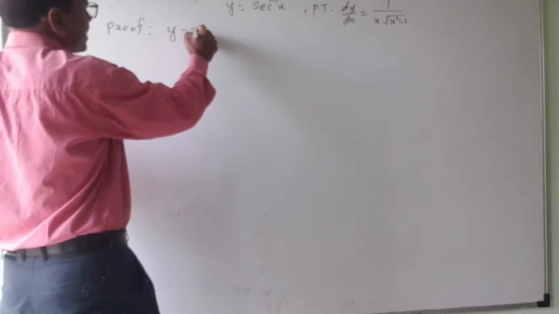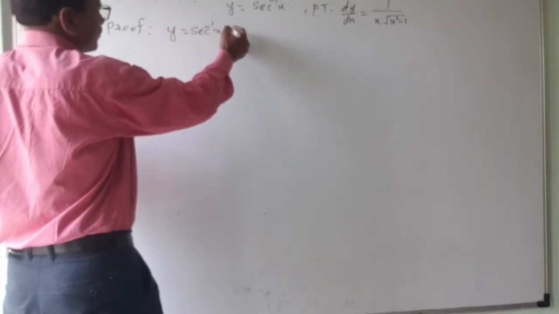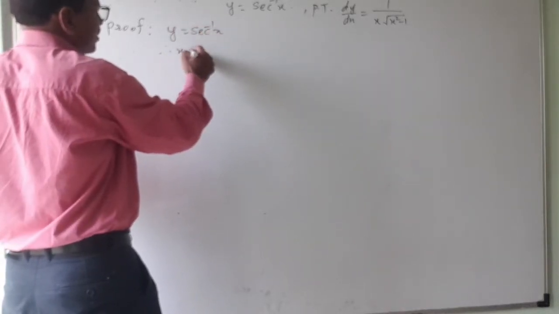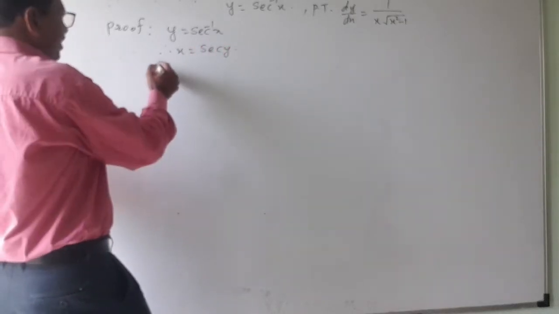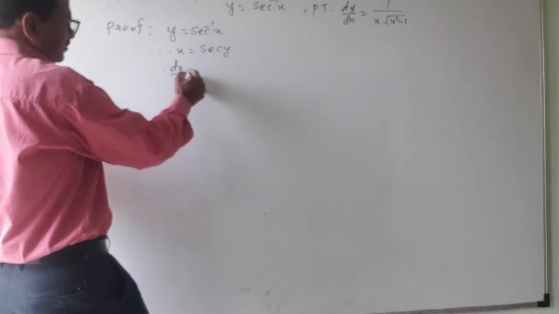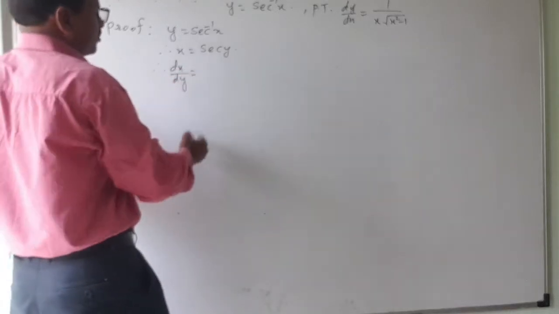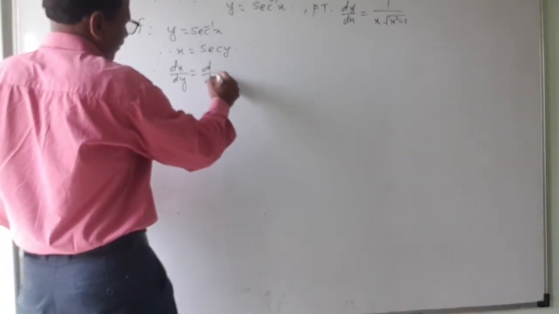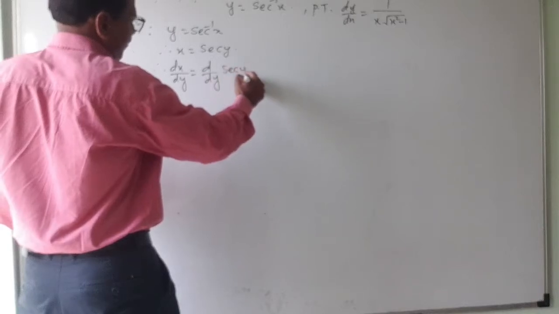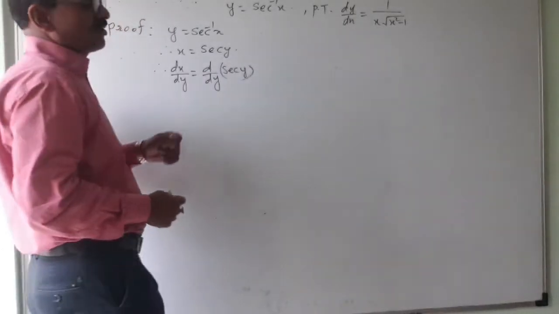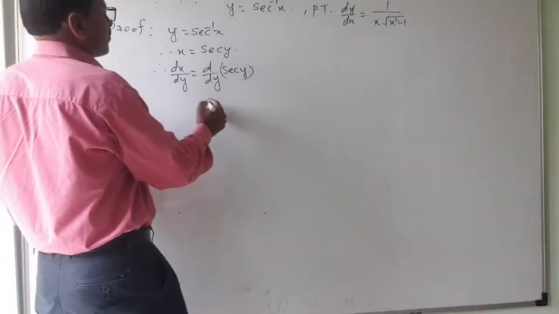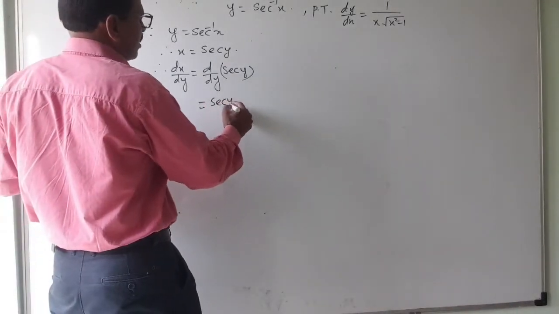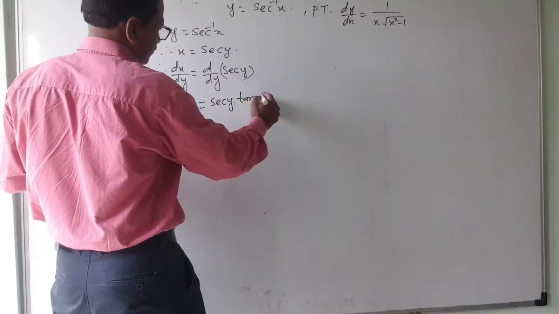y is equal to sec inverse x. Therefore, x is equal to sec of y. Therefore, dx by dy is equal to d by dy of sec y, and the derivative of sec is sec into tan. That is equal to sec y into tan y.